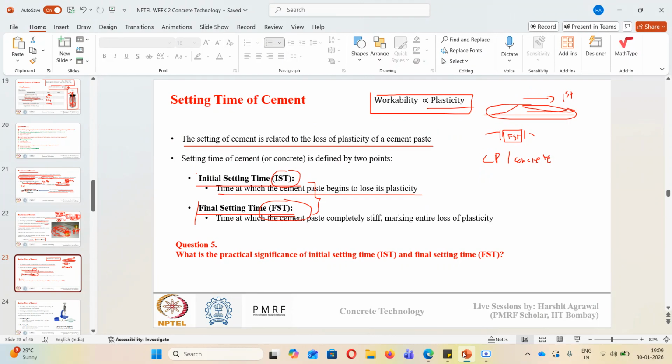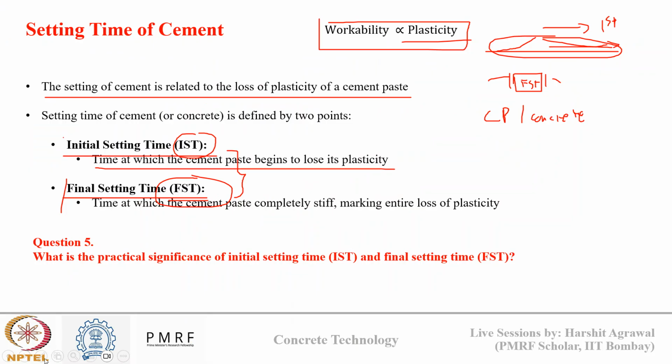So this means that if we are pumping concrete, suppose this is my site where I am doing the mixing and preparation of concrete, and this is the site where I need to pour the concrete. Okay, so I am transporting concrete through a pump. So this pumping should be done before initial setting time.